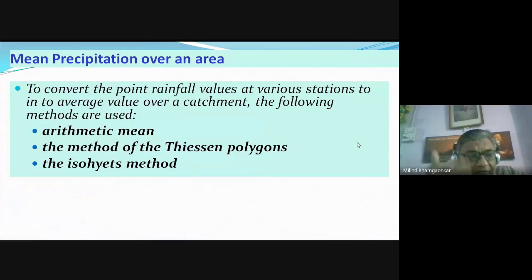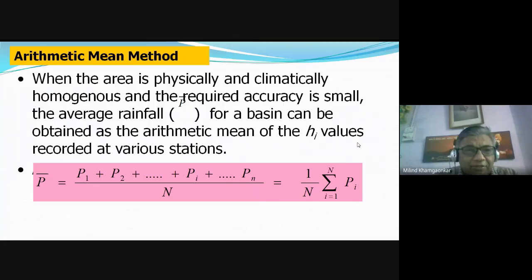Then for finding the average rainfall or precipitation over a certain area, there are three methods. They are called the arithmetic mean method, the method of the Thiessen polygon, and the isohyet method.